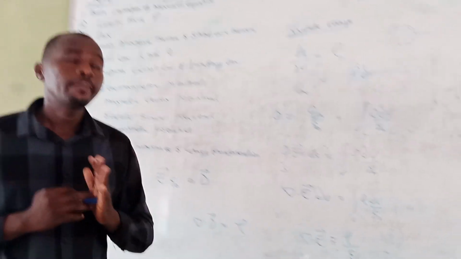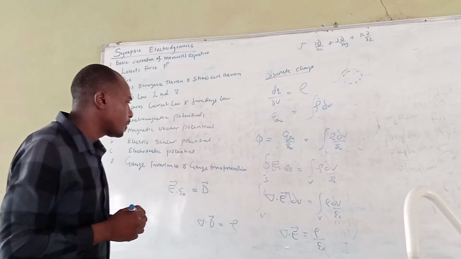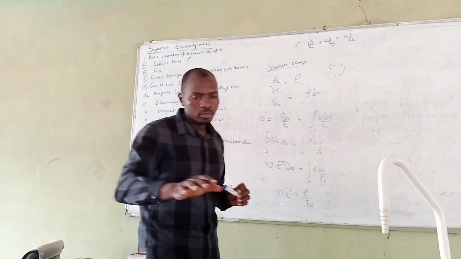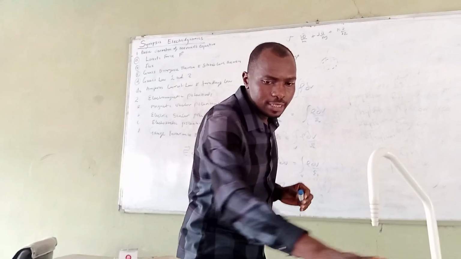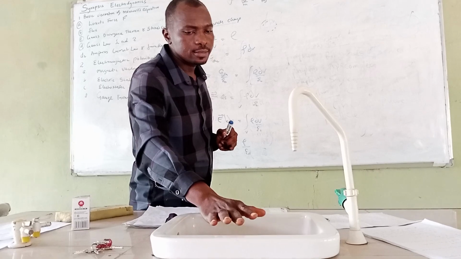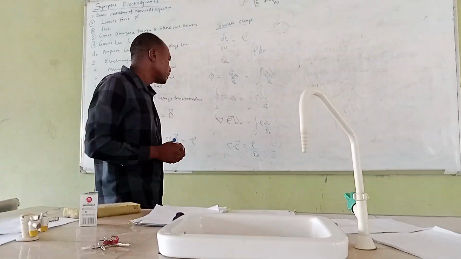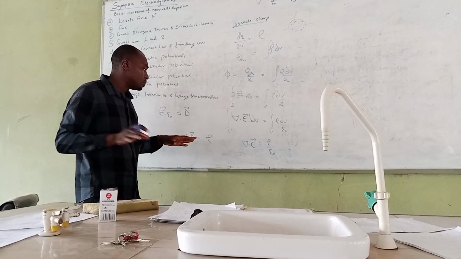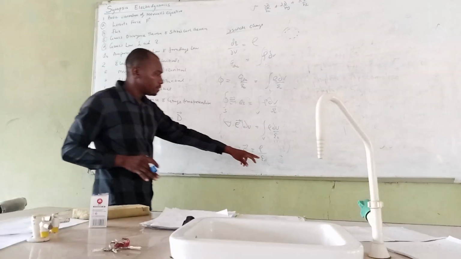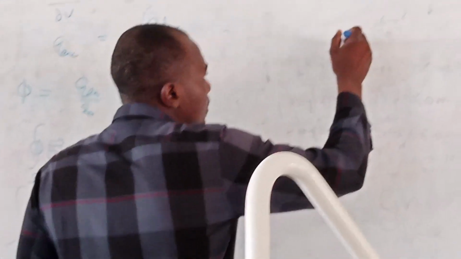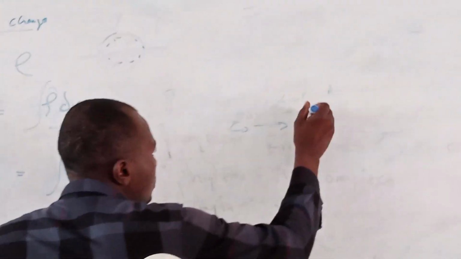Is it clear? The next thing, in linear isotropic medium, if this place is having the same surface area, the same characteristics, I hope it's clear, that is linear. And towards all directions, it maintains the same homogeneity. This epsilon naught changes to what? Epsilon naught changes to epsilon.